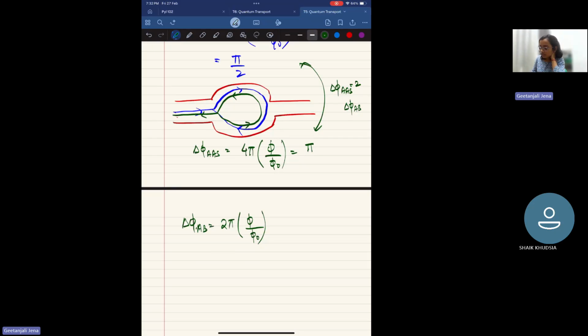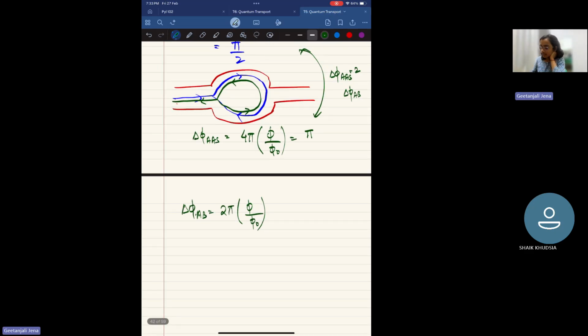So that means the current will repeat if phi is some integral multiple of phi 0, or the minimum separation is phi 0, right? If phi is phi 0, then it is 2 pi. So it is periodic. So the periodicity for the AB effect is 2 pi.